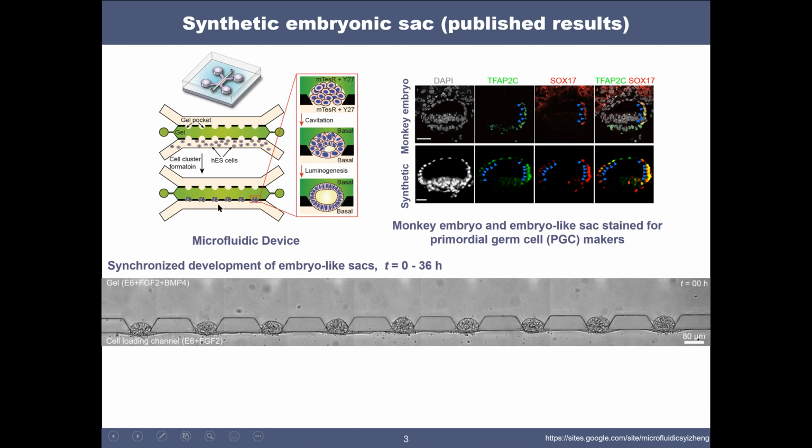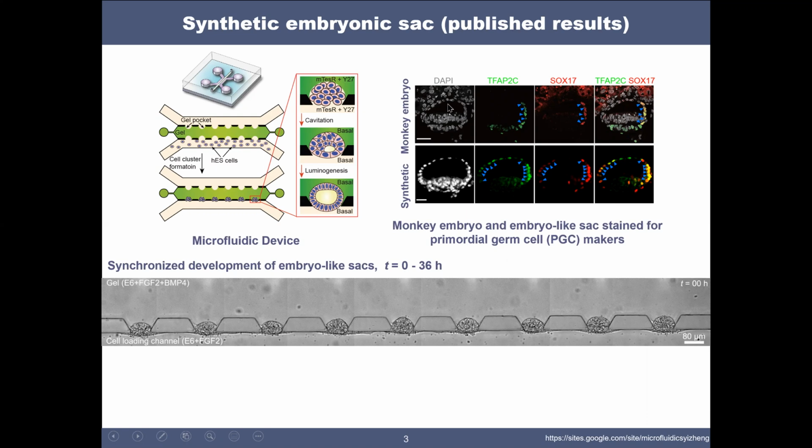Stem cells are allowed to settle into the gel pockets and form cell clusters. This setup allows us to stimulate just one part of the stem cell cluster by introducing morphogen to only one of the open channels.